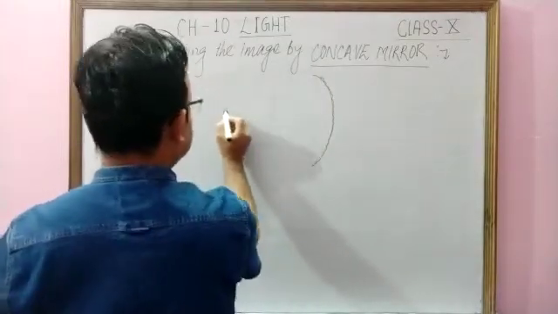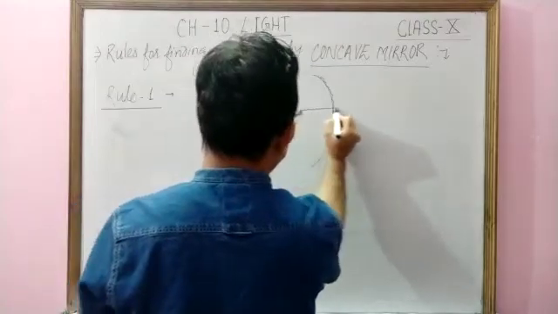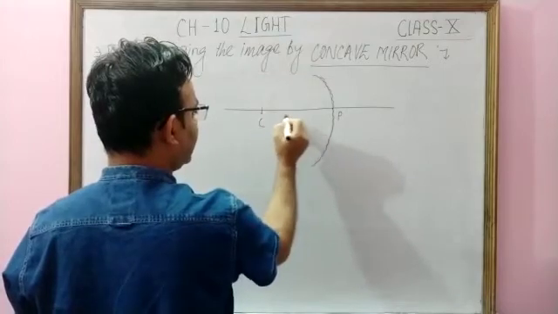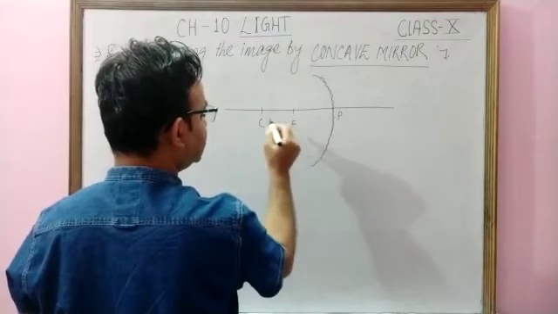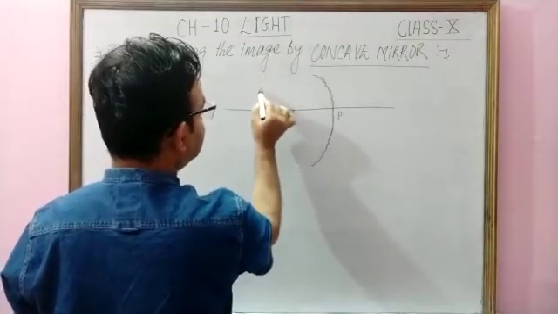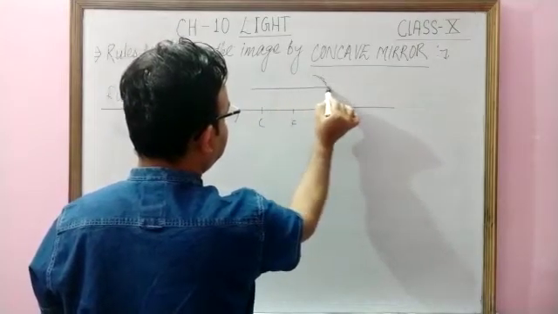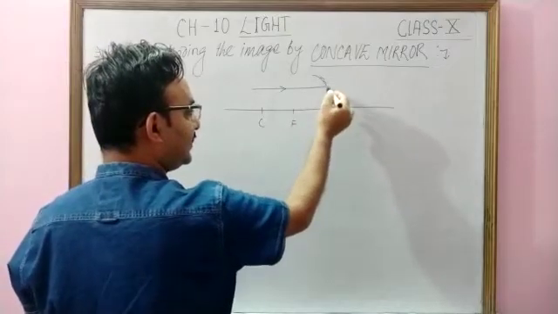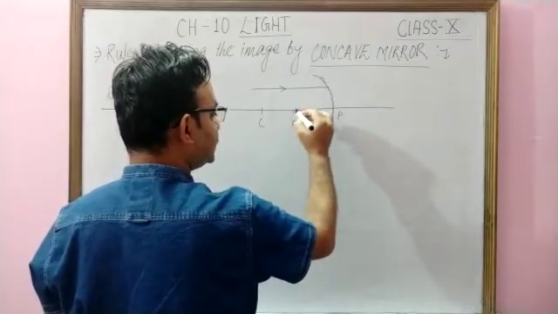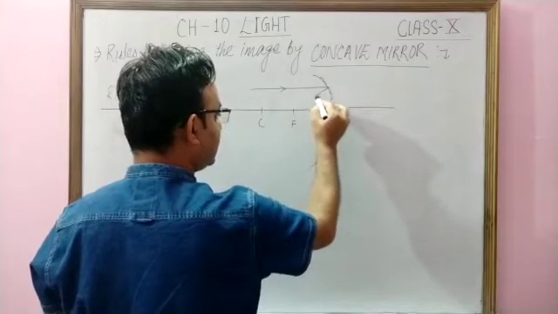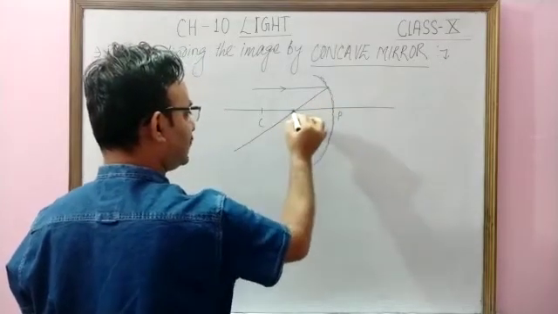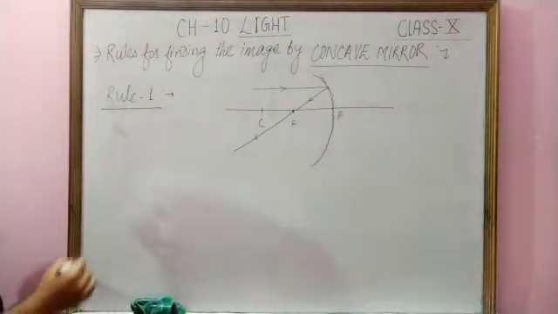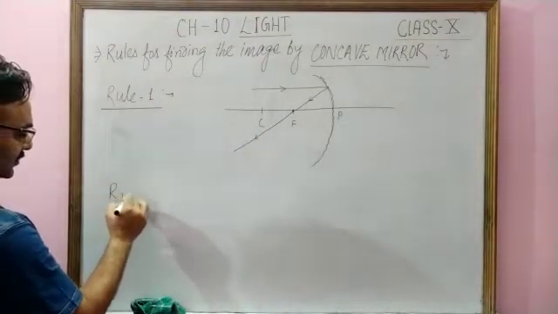Suppose that this one is principal axis here, center of curvature, focus. This one is incident ray parallel to the principal axis, then reflected ray will pass through the focus. This is a reflected ray. Is it clear?